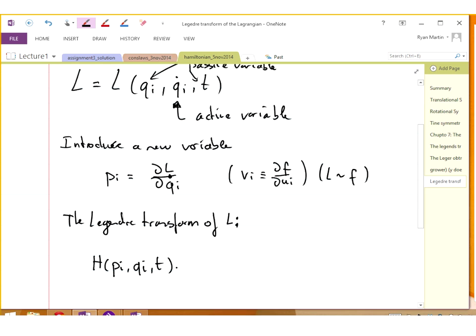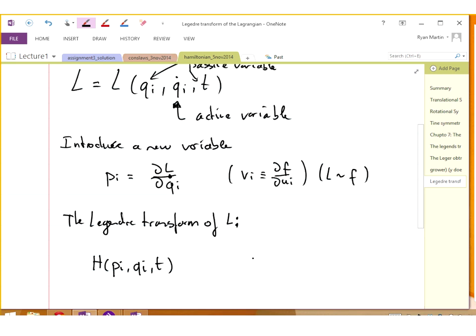So H is going to depend on the Pi, the qi, and t. It's going to depend on the new active variable, the transform of the active variable, and then the passive variables. So I remove the qi dot, and I put in a Pi.